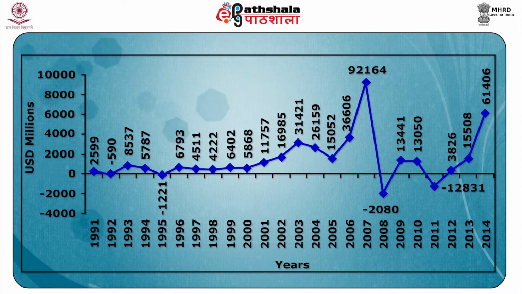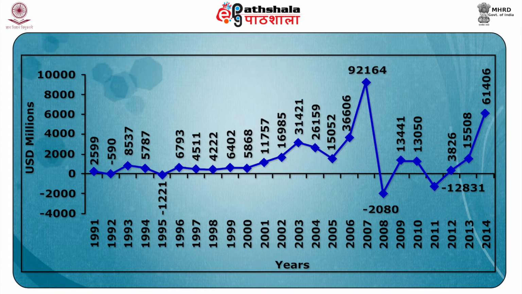After 2007, all of a sudden the balance of payment declined to negative $20,080 million in 2008. The reason for this was the financial crisis which mounted in the year 2008. Due to the financial crisis, the capital account surplus decreased from $107,993 million in 2007 to just $9,146 million in 2008.